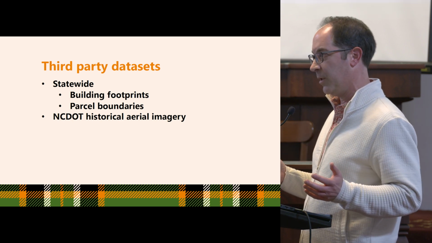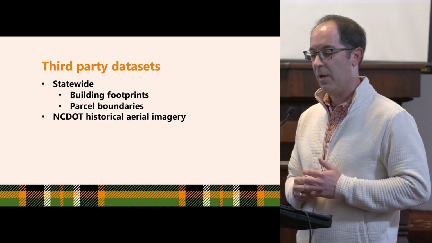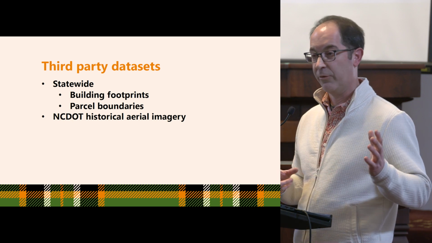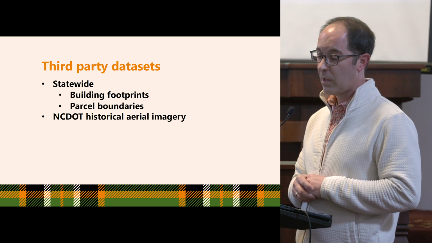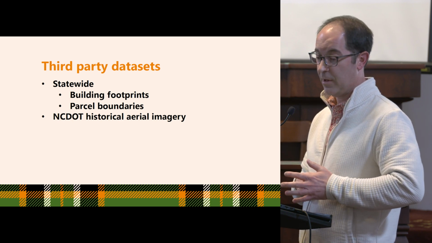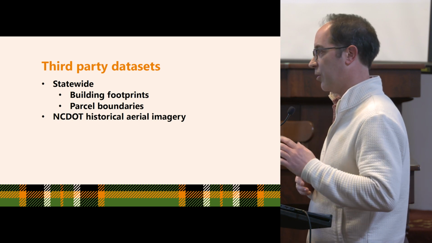And then we also make liberal use of third-party data sets within HPO Web. There's an organization called NC1 Map that does a lot of collecting of data from each of the counties. Two of the data sets that they make available are building footprints across the entire state, and also parcel boundaries across the entire state.